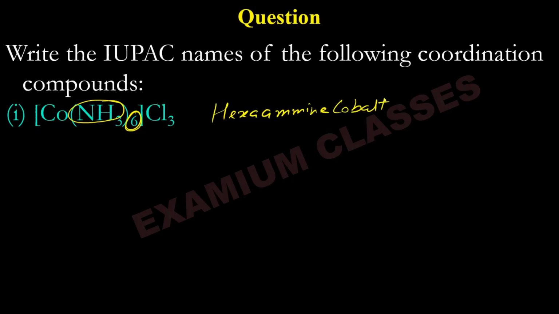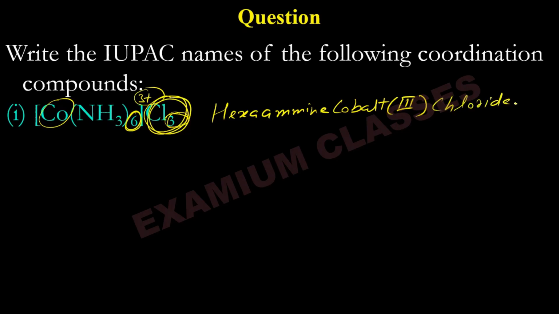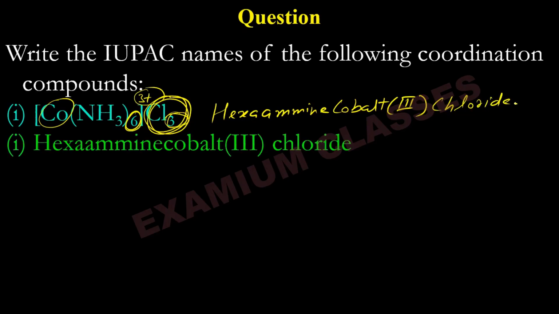We need to see how much charge total will be there. Here 3 minus will be there, which means the coordination entity will have 3 plus charge. Because NH3 is neutral, the entire 3 plus charge will be on cobalt. So we will write cobalt(III). Then we will write the counter ion, which is chloride, but you won't write how many are there. So it is hexaamminecobalt(III) chloride.